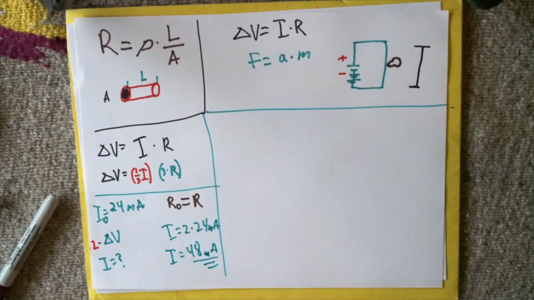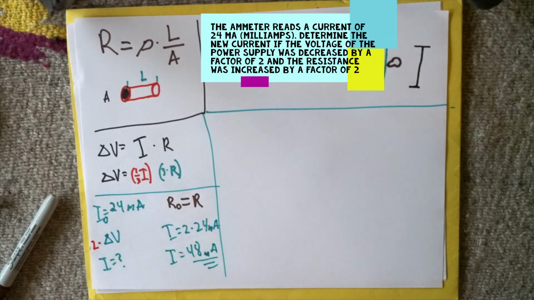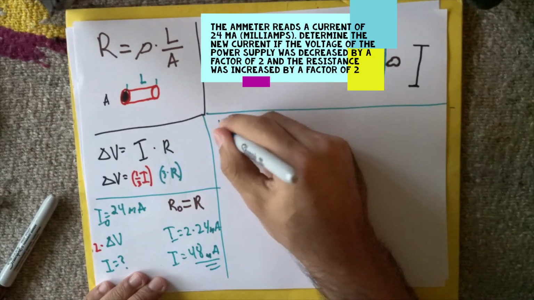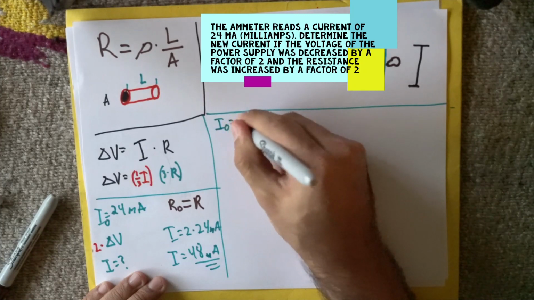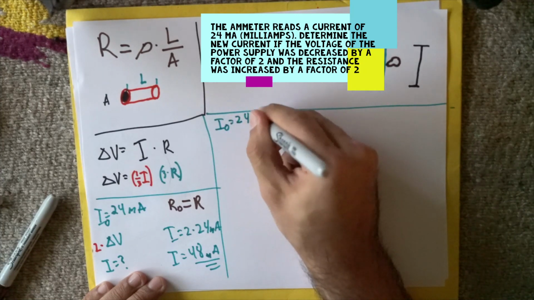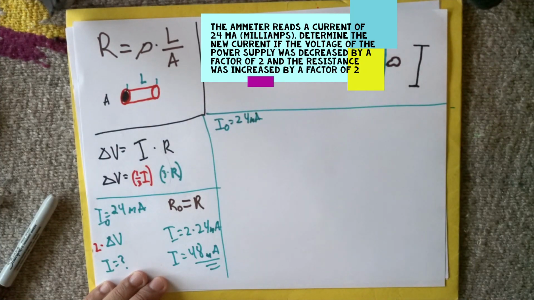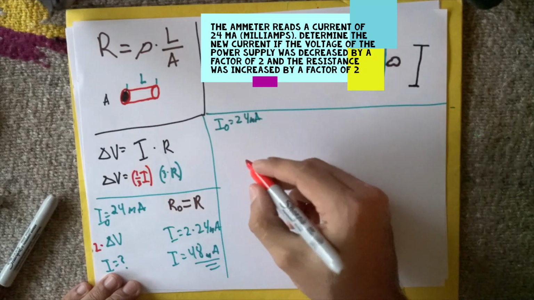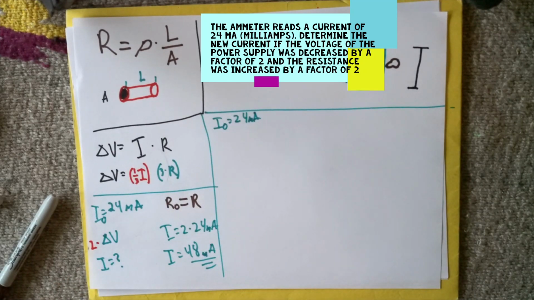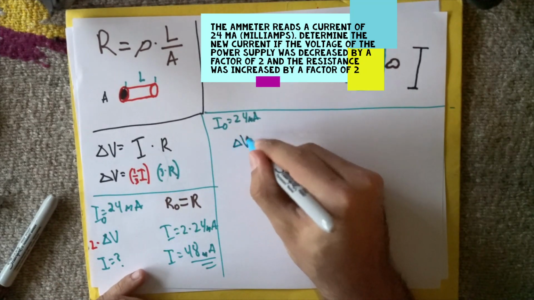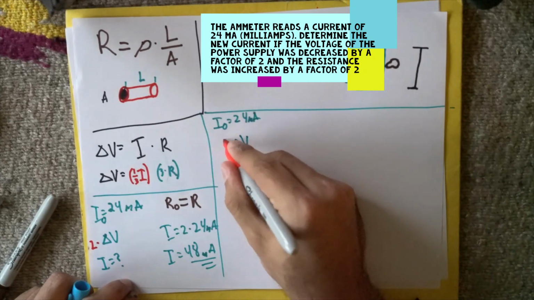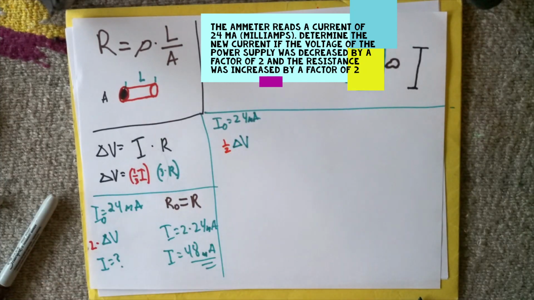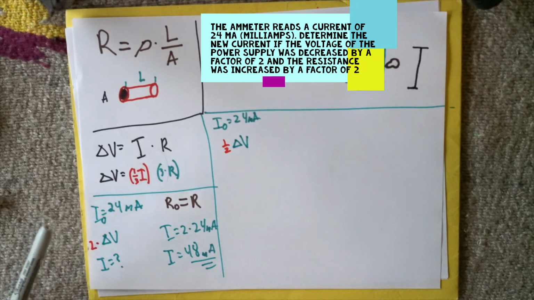Nice. In the same situation with the same current, I naught being 24 milliamps. If I decreased my voltage by a factor of 2, so that means my voltage times 1/2, and the resistance was increased by a factor of 2.